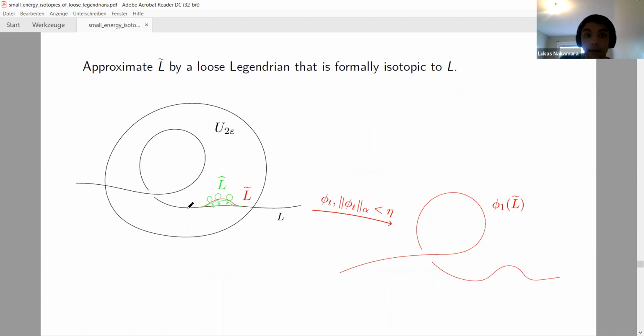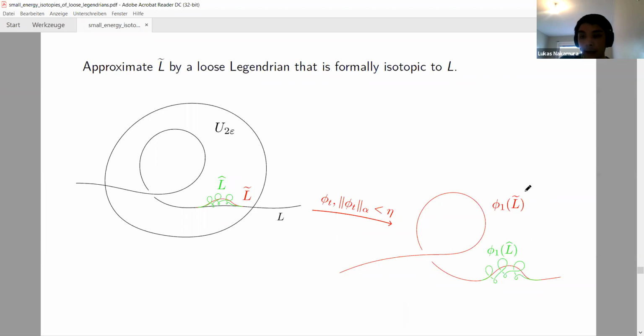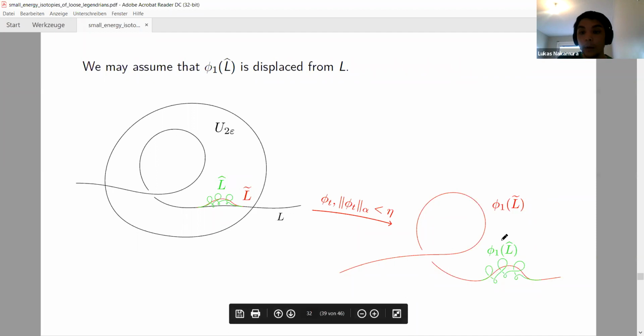So we have this loose Legendrian, which should be close to L tilde, and which is formally isotopic to L. This L hat will be mapped via phi to some phi1 of L hat. And if L hat is sufficiently close to L tilde, then phi1 of L hat will of course also be close to phi1 of L tilde. And because phi1 of L tilde is displaced from L, it follows that we may assume that also phi1 of L hat is displaced from L.